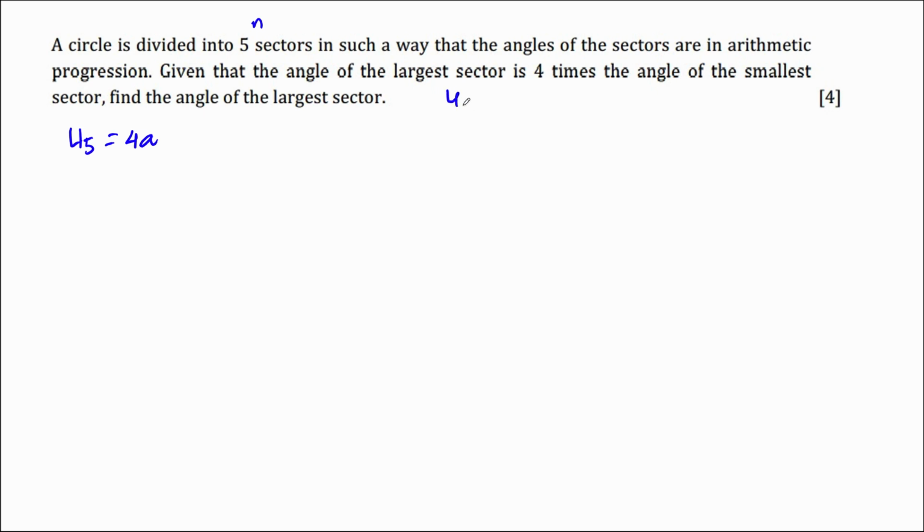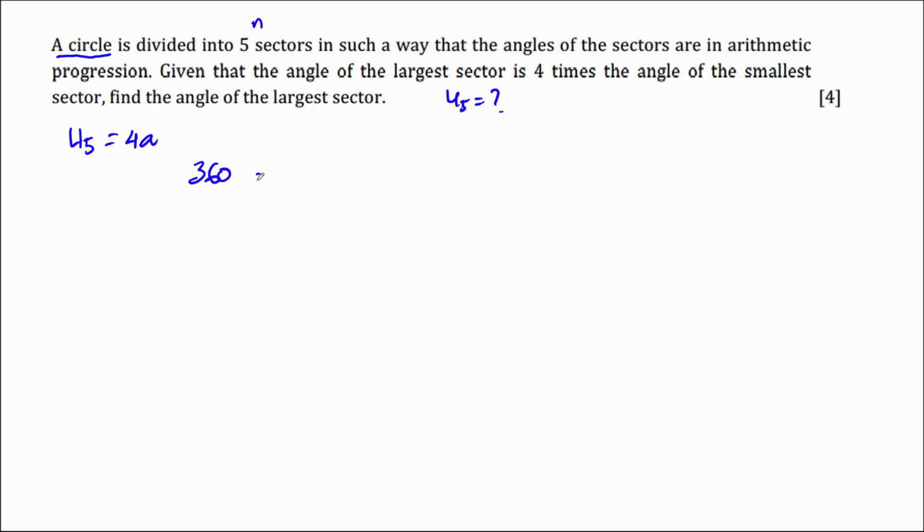That is our target. In here we don't see much clue, but we should be vigilant in reading the sentence, because it is mentioned this is a circle. Since we know this is a circle, the total angle of a circle is 360.